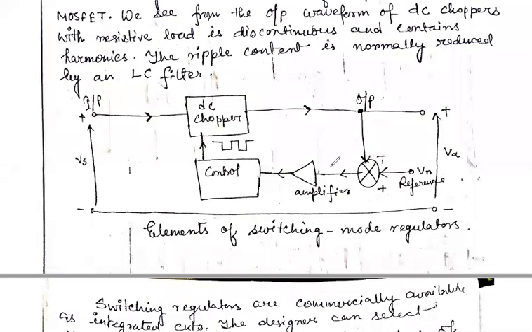Then this is the error. This error is amplified by an amplifier. Then we get a control signal from this error circuit, and this is fed to the DC chopper. Here we get the unregulated supply.